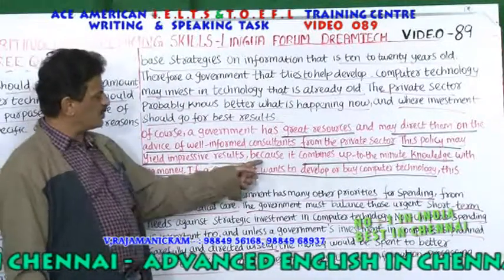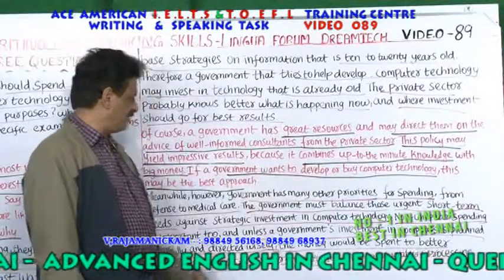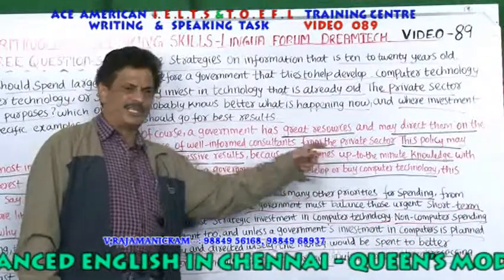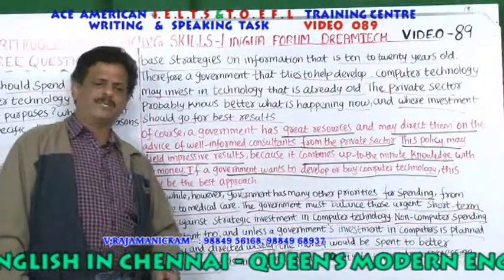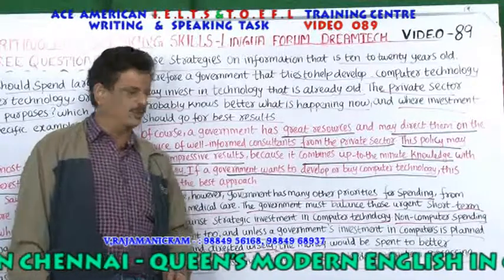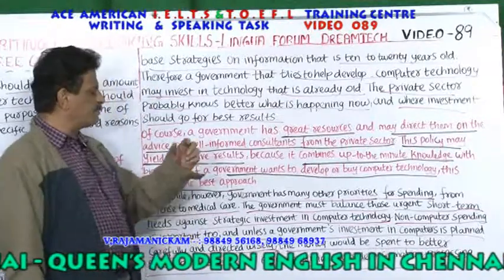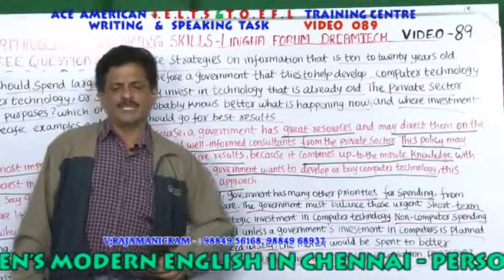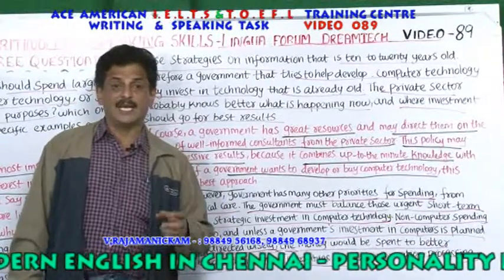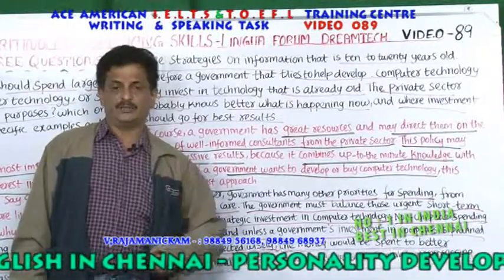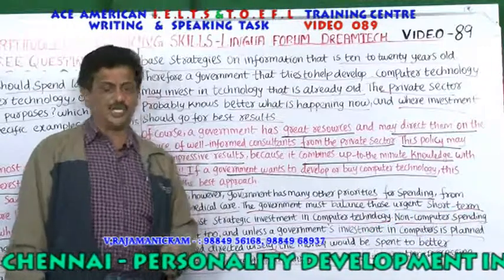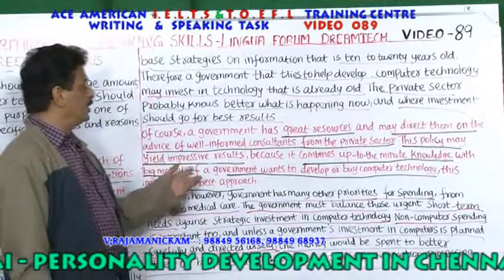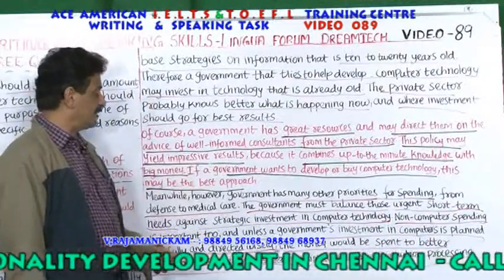If a government wants to develop or buy computer technology, அரசாங்கம் மிகப்பெரிய தொழில்நுட்பம், கணினி தொழில்நுட்பத்தை வாங்க வேண்டுமென்றால் this may be the best approach. ஸோ இவர் இந்த எழுத்தாளர் மேலும் சொல்கிறார், தனியார் துறையினருடைய அறிவுரையை பெற்றுதான் இந்த கணினி தொழில்நுட்பத்திற்கு அரசாங்கம் செலவு செய்ய வேண்டும்.